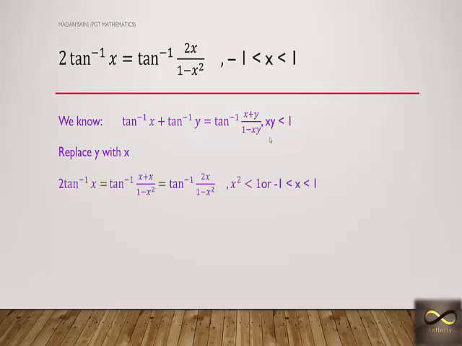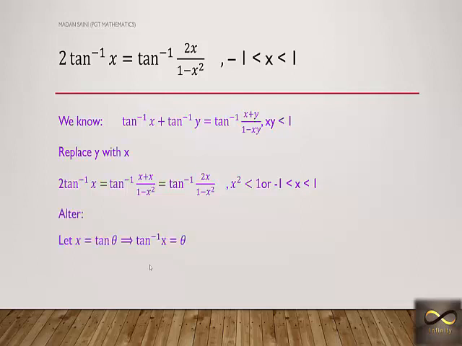So we will have 2 tan inverse x is equal to tan inverse x plus x upon 1 minus x square. On simplifying, you will get tan inverse 2x upon 1 minus x square whenever x square is less than 1. And x square is less than 1 will give you x greater than minus 1 and less than 1. So we are done.